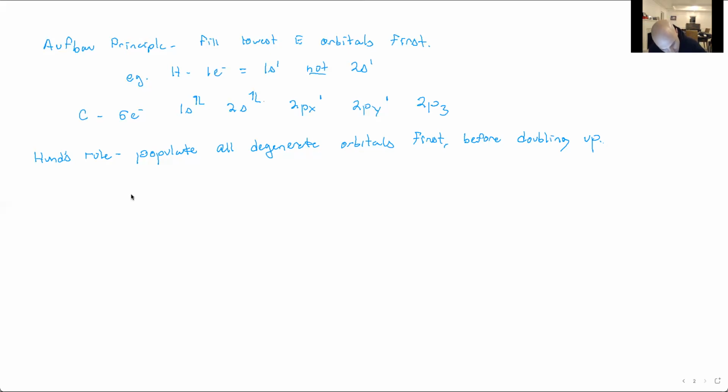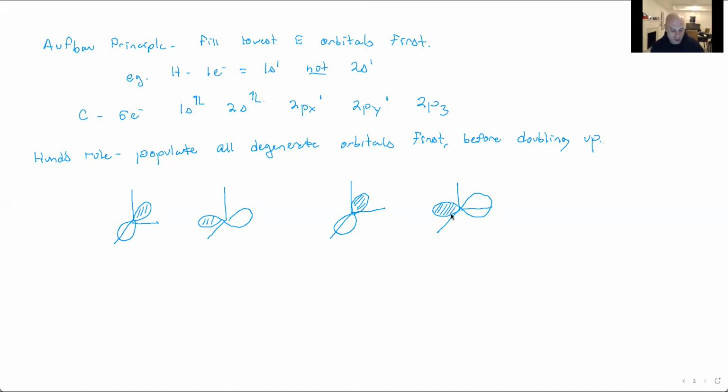If you consider, if we just draw, for example, the 2px and the 2py orbitals, okay?